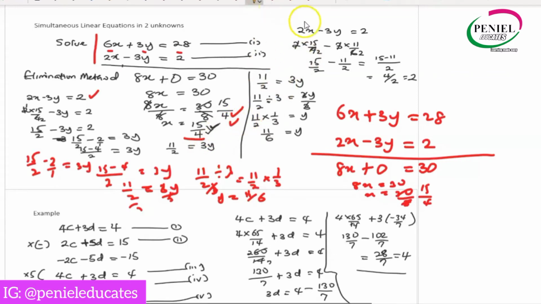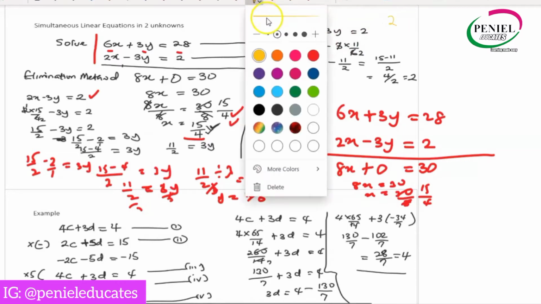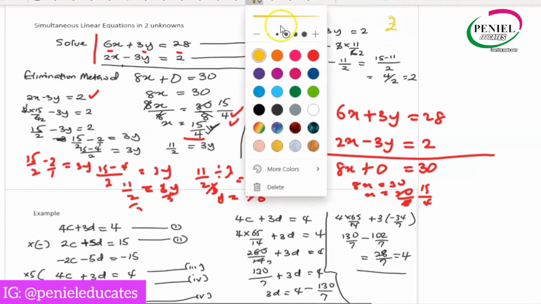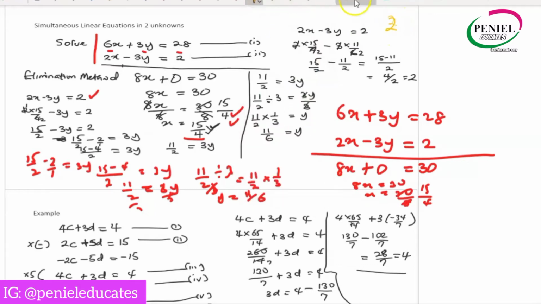Now, once you are done, ensure that you put it back in the equation to confirm your answer. Let's quickly put it back in the equation. So we have 2x minus 3y is equal to 2. Then we have 2 into 15 over 4, minus 3 into 11 over 6, is equal to 2.